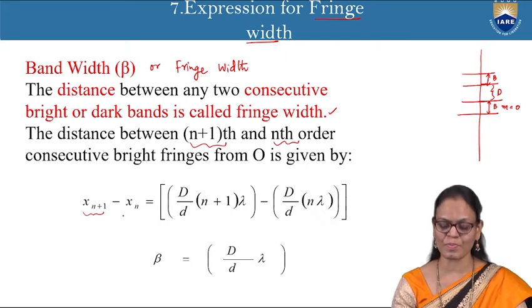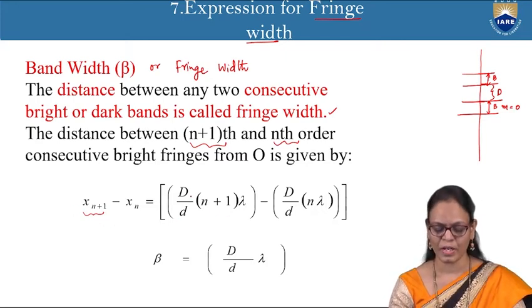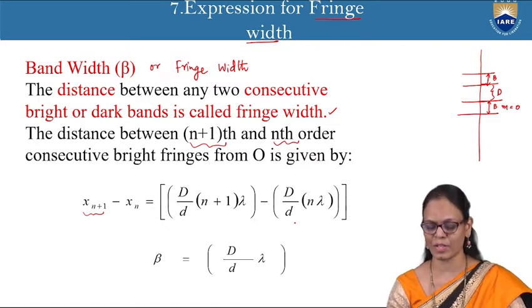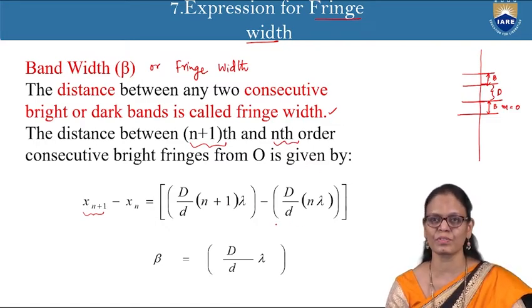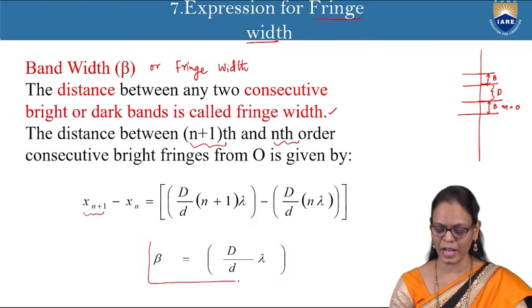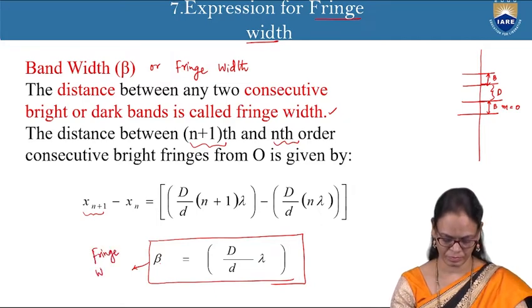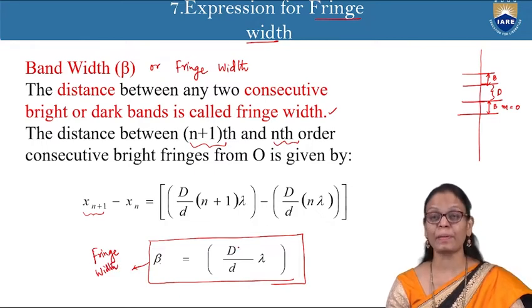We will substitute the conditions, D by d into (n+1) into lambda. You need not derive this expression; in the long answer questions we are going to derive it. We are arriving at the expression beta, where beta represents the fringe width, is equal to capital D by small d into lambda.